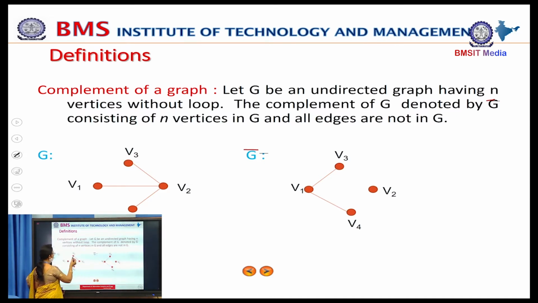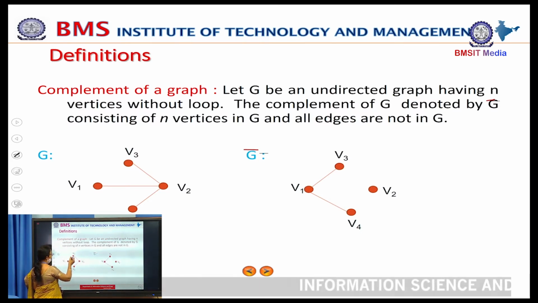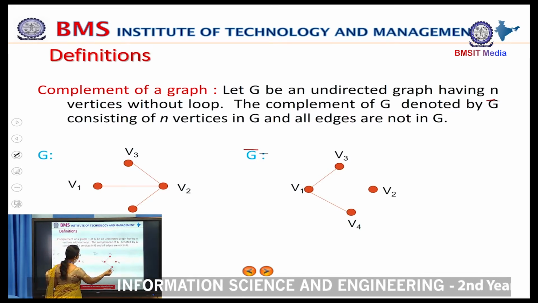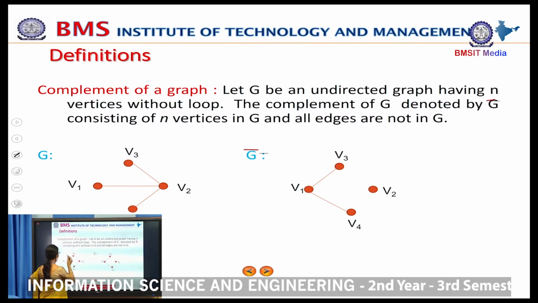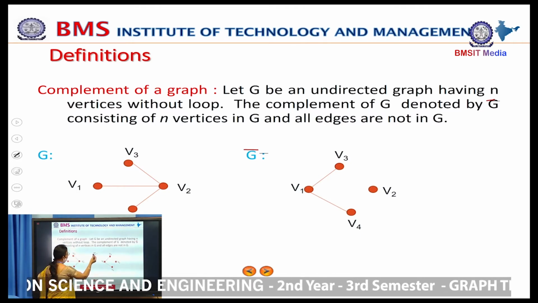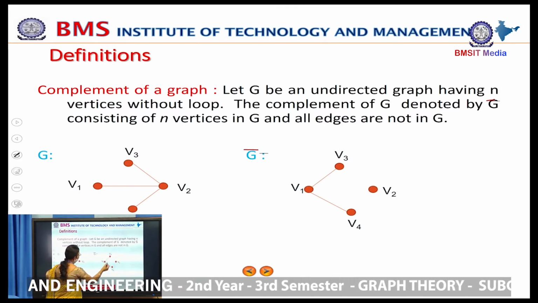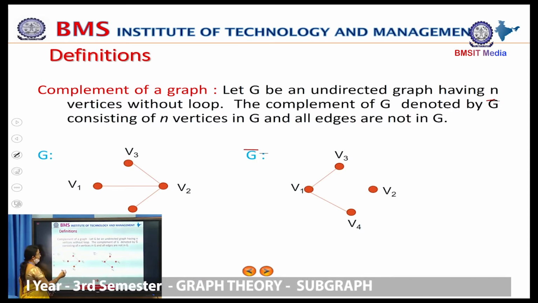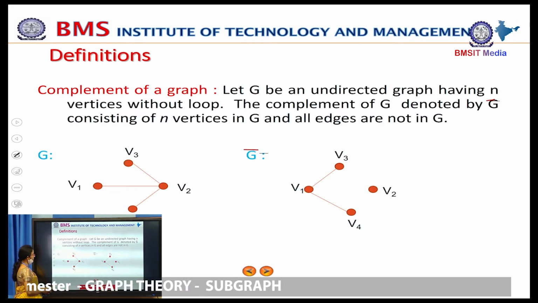The edges that are not in G are considered in G bar. Here the edge V1 to V3 and V1 to V4 are edges in G bar. So the complement of G is G bar, which contains two edges, V1 to V3 and V1 to V4. So this is the complement of a given graph.